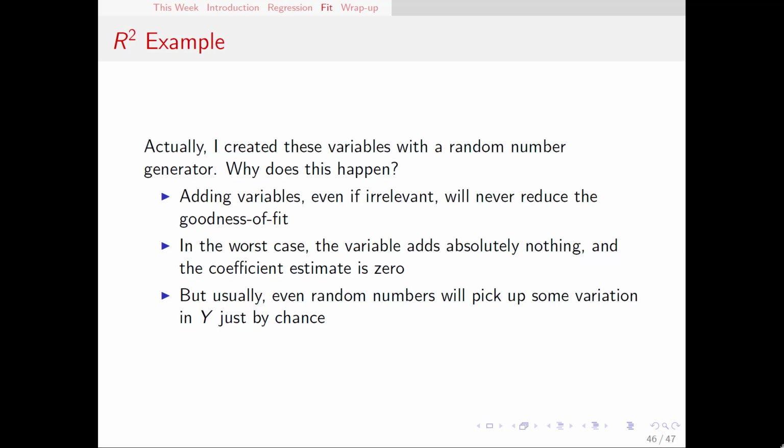So why does the r-squared go up? When we add a new variable to a regression, worst case scenario is that this variable has absolutely nothing to do with the outcome, adds nothing to the regression, we get a coefficient estimate of 0, the r-squared stays the same. Adding another variable could never make the r-squared any lower, but chances are, even a completely random number will just by dumb luck pick up some variation in y.